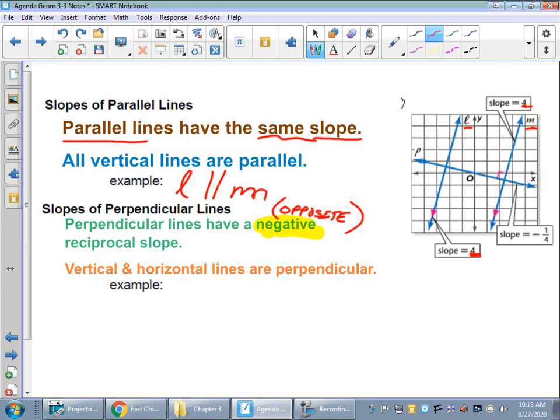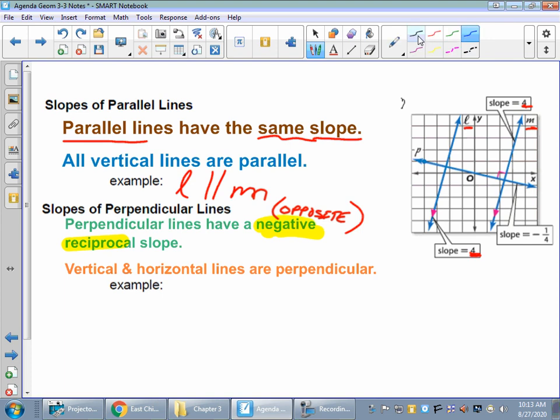So if one is positive, the other one is negative. And then we should also know what a reciprocal is. Remember, that's when your fraction flips to be the opposite. We can also say that vertical and horizontal lines are perpendicular. One is straight up and down, one is straight horizontal, and we know that those are perpendicular.